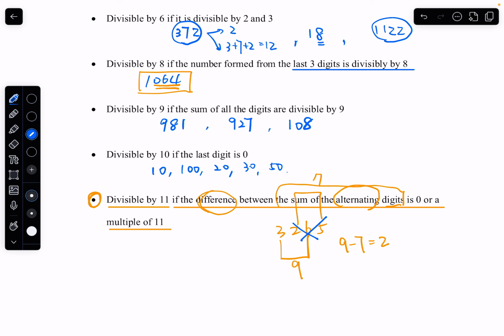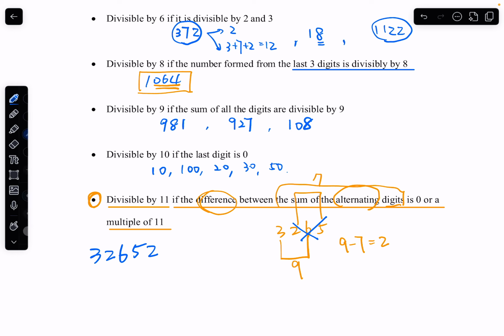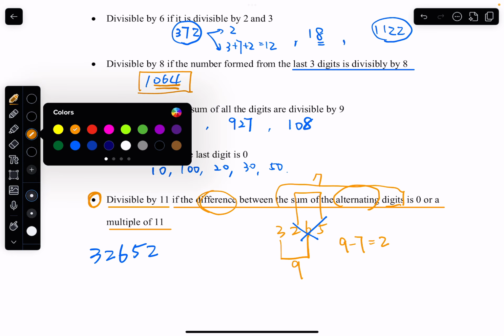We try another number, for example, 3, 2, 6, 5, 2. Now we find the sum of the alternating digits.